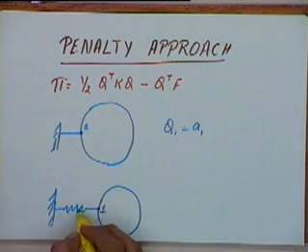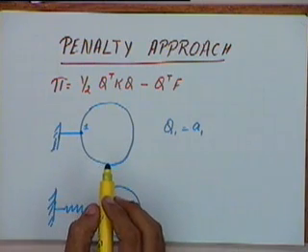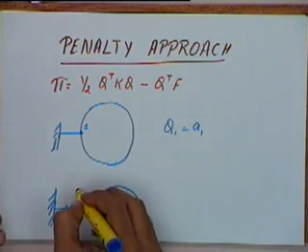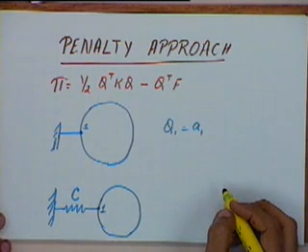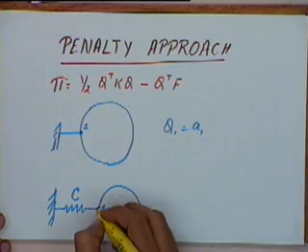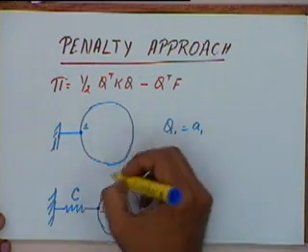We will add a spring at this location. This spring has a spring constant of C. This node is 1, the rest of the body is the same.